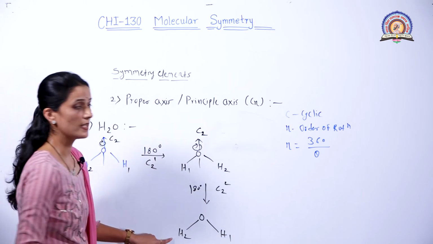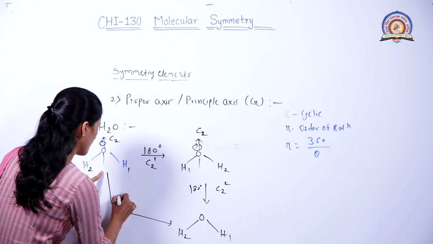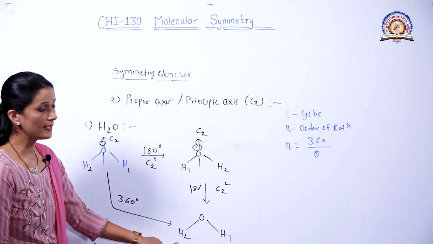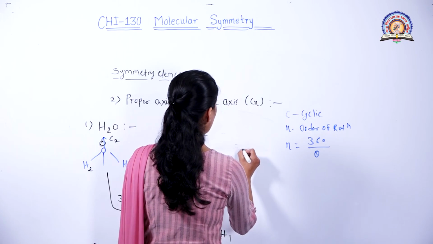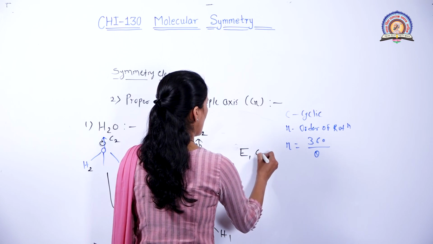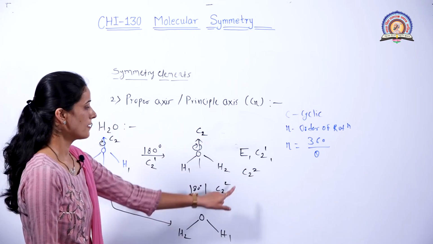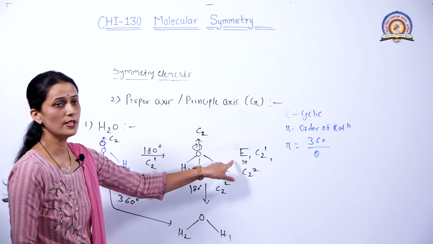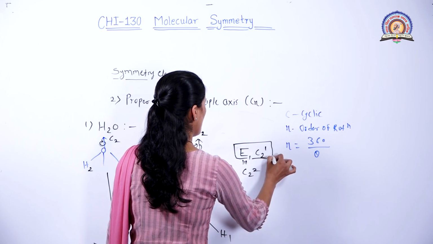So this is nothing but the identity, meaning after 360 degree rotation we get the same, identical molecule. So the operations for this water molecule are identity, C2-1 and C2-2. But as identity is nothing but the C2-2 operation, there are only 2 unique operations, identity and C2-1.